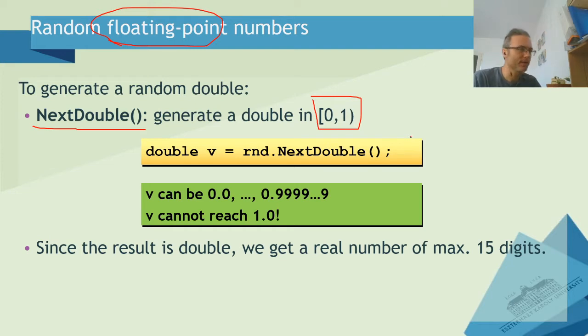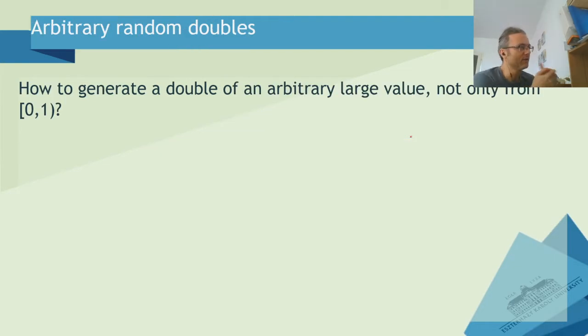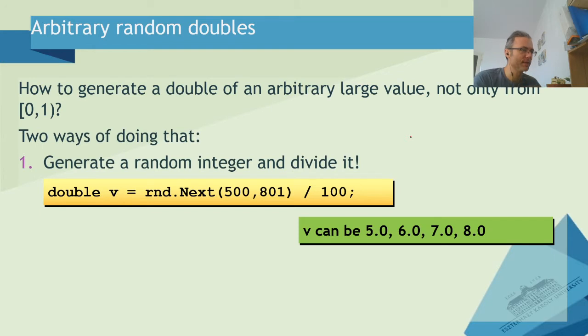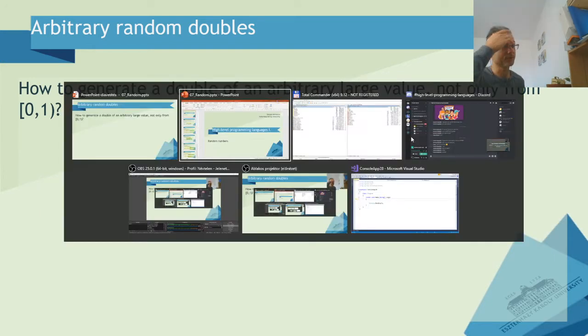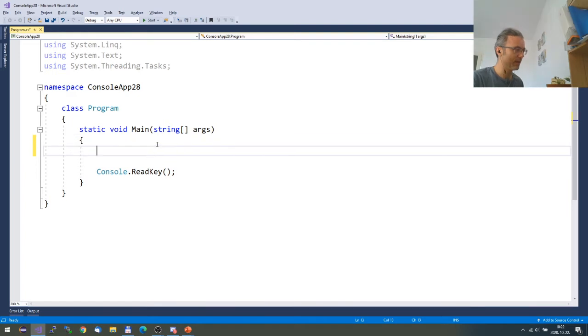Of course, and this is something I will ask from you, in general, you will need to generate double values from an arbitrary range. So for example, let me show this to you. I could ask you to generate double values between 0 and 100.